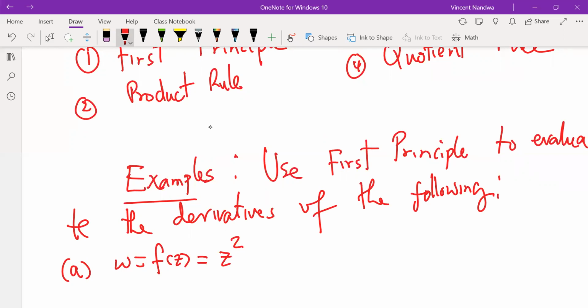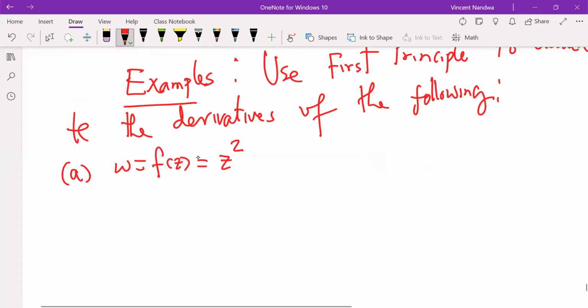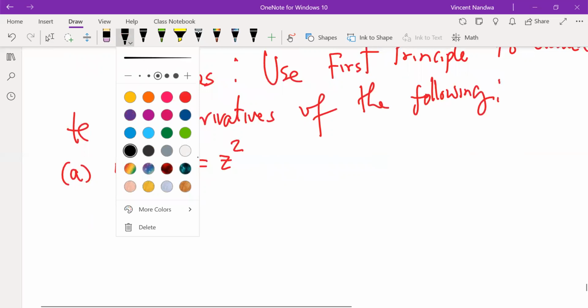Now, solution. So first principle is simply the definition.